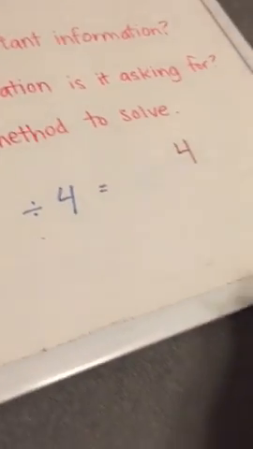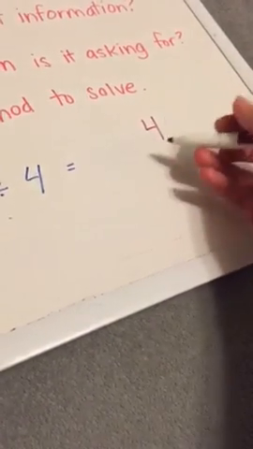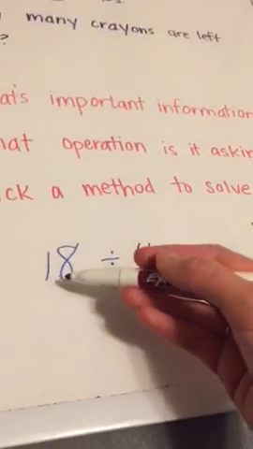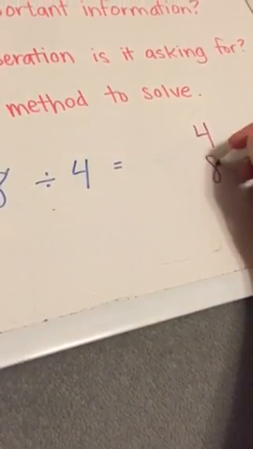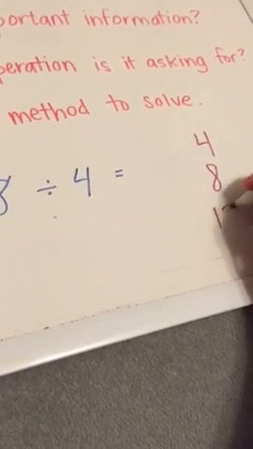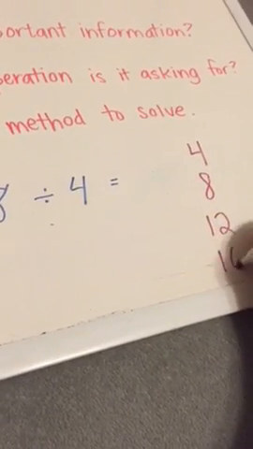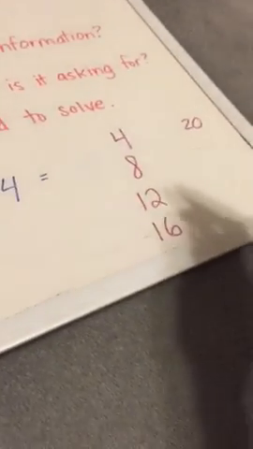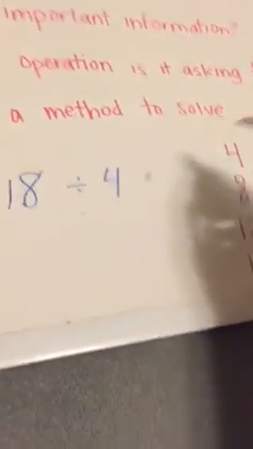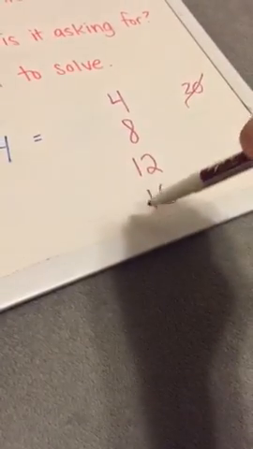So I'm going to start with 4, okay? And I'm going to skip count by 4s until I get close to 18, but not past. 4, 8, 12, 16. Oh, if I do one more, I'll get to 20, right? But I don't want to go past my 18 number, so I don't want to go to 20. So I'm going to stop.